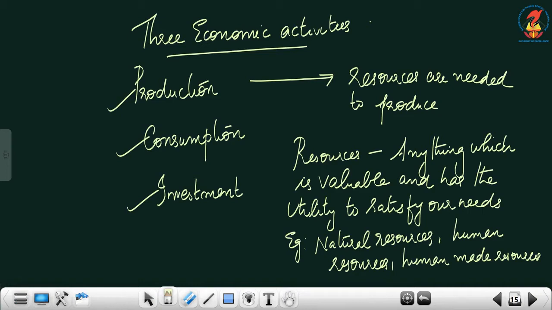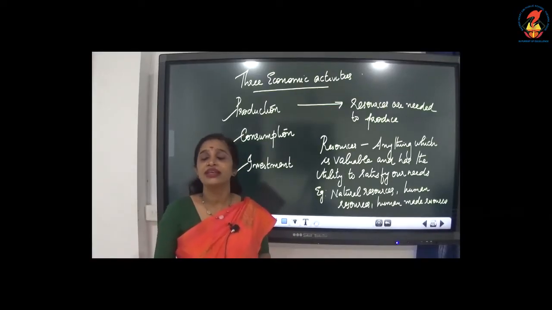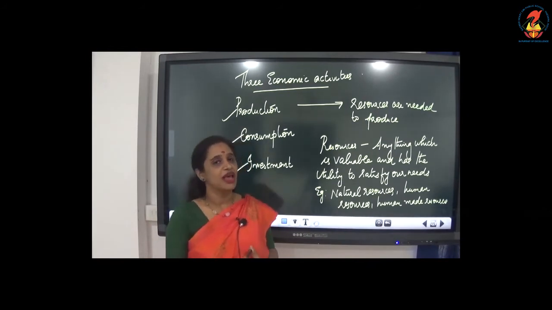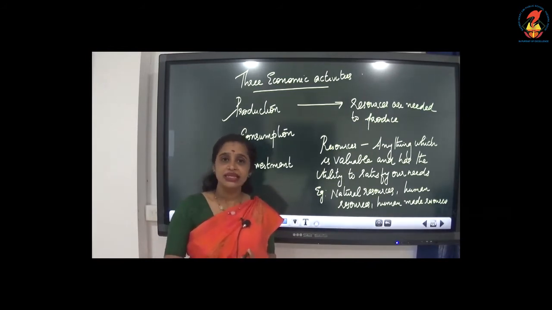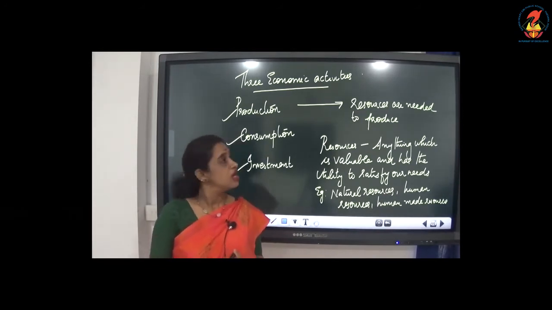Production, consumption and investment are the three essential activities which have to take place in an economy. Production should be there for consumption. For production to take place, investment should be there, and as I told you, these three generate income for an economy. Now let us move on to the first one, production.